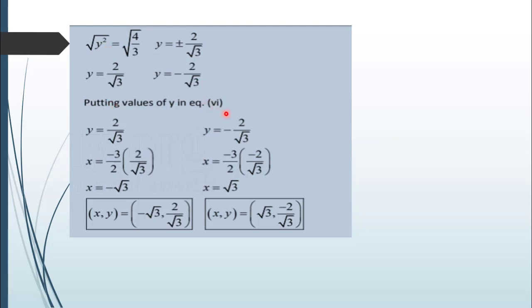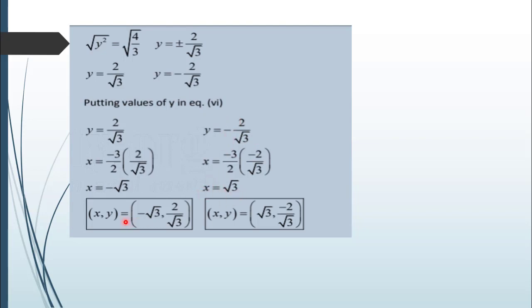Putting these values of y in equation 6, we get for y is equal to 2 over square root of 3, x is equal to minus square root of 3, and for y is equal to minus 2 over square root of 3, x is equal to square root of 3.